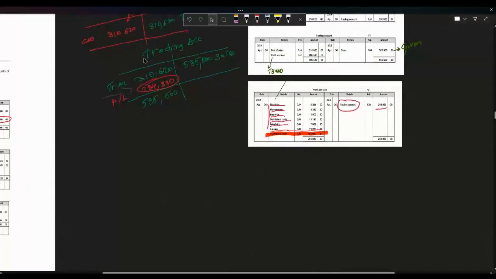So you take all of these into account, and the total of the profit and loss is here. For us to find the net profit, we take the total gross profit that we got, minus these other expenses, then we get the actual net profit, right?